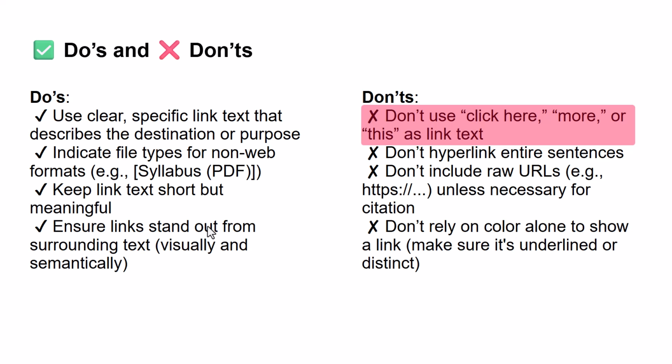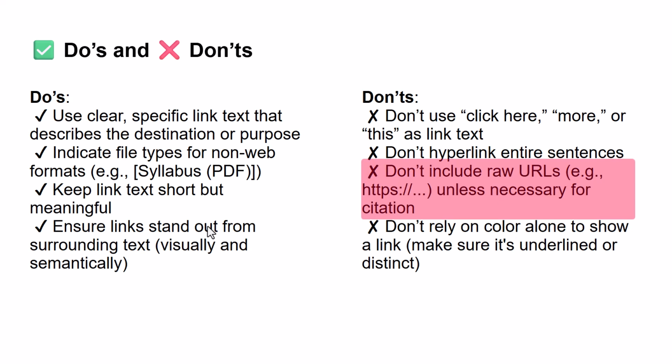Obviously, we don't want to use things like click here or more or this as our link text. We want to make sure it's descriptive. We don't want to do entire sentences either. We want to make sure that we're just getting the important piece of the sentence that we want to link. Putting in the raw URLs, https://www dot. You put that stuff in there, screen readers will read the entire thing, which could be super annoying.